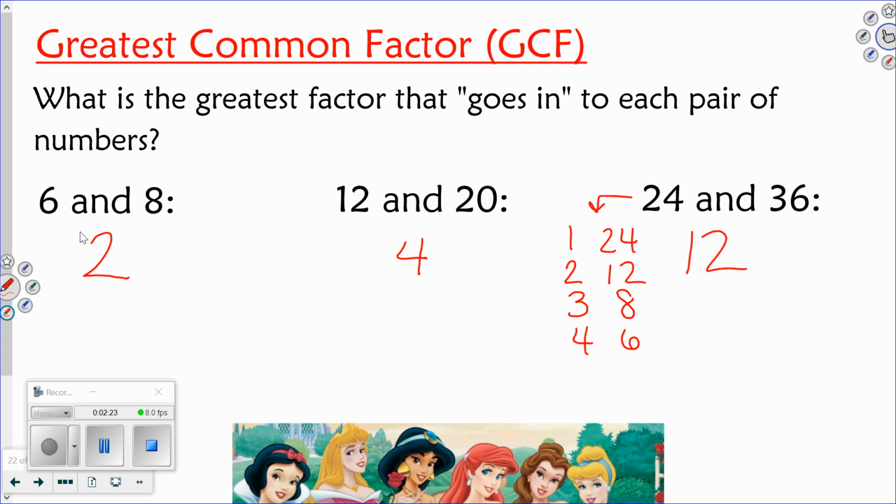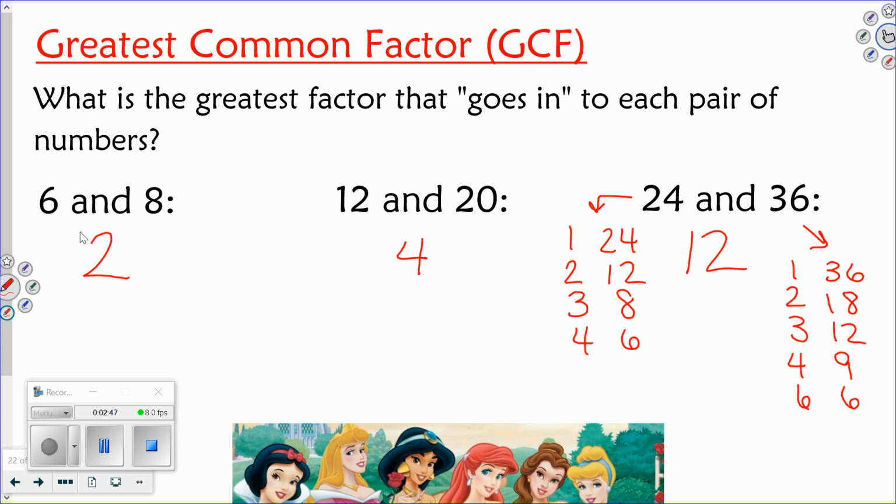Okay? And then if I do 36, 1 and 36, 2 and 18, 3 and 12, 4 and 9, 6 and 6. So pretty much what you're doing is looking at the list of all of the factors, and what is the biggest number that shows up in both lists? The biggest number, 12.